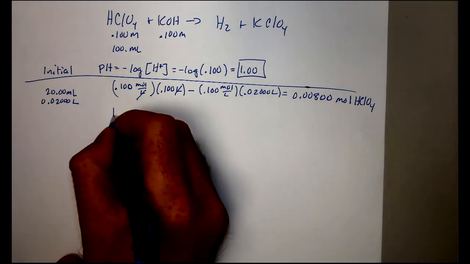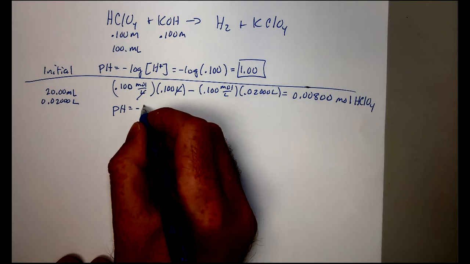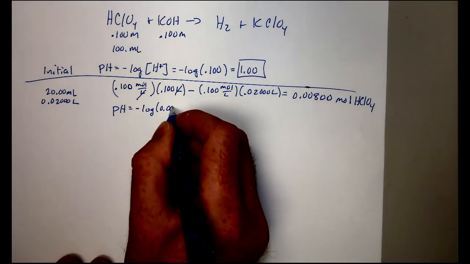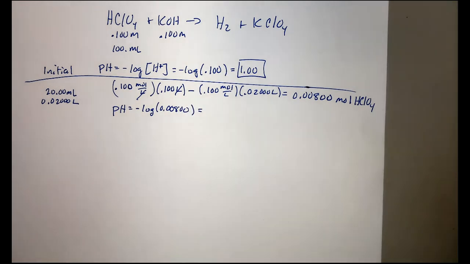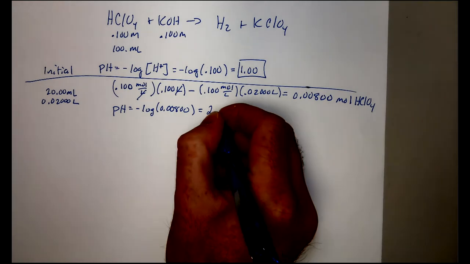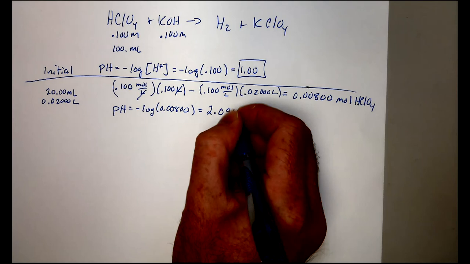So then our pH is going to be equal to negative log of 0.00800. And that'll be 2.096.